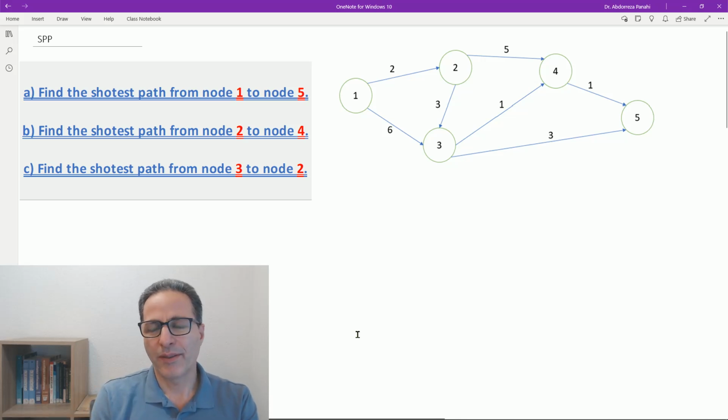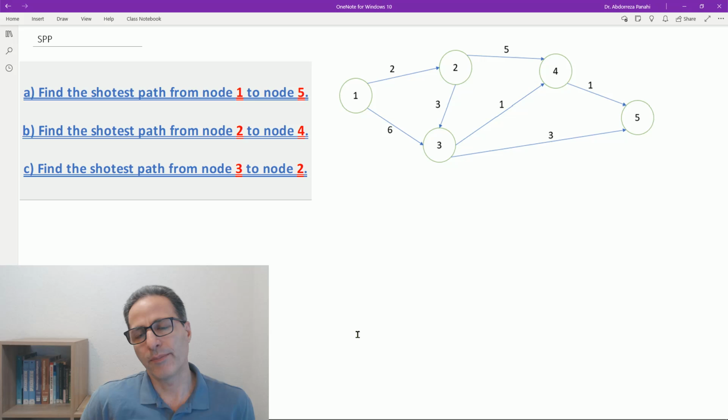We solved this shortest path problem using the Dijkstra algorithm in the previous video, where the source node was 1, and in that case we don't mention which node is the destination, because even if a destination is given, the Dijkstra algorithm will find the shortest path from node 1 to all nodes, because it needs to check all the vertices and find the final solution simultaneously for all the vertices.